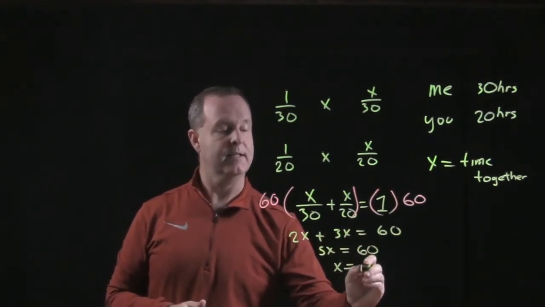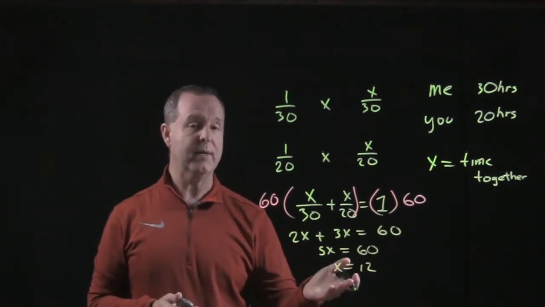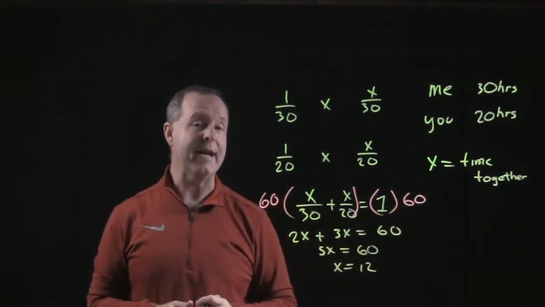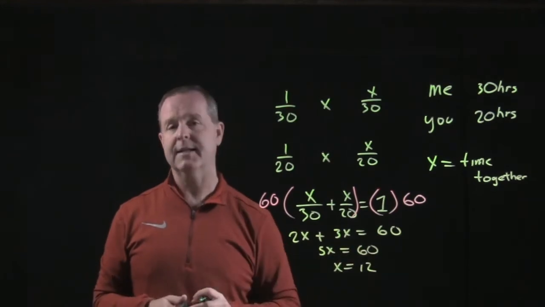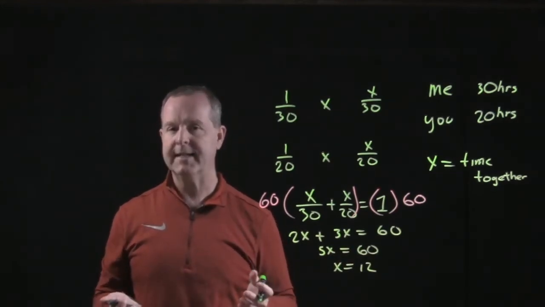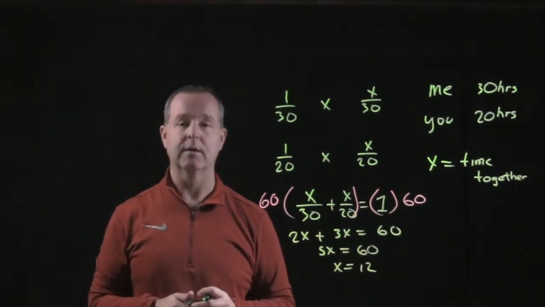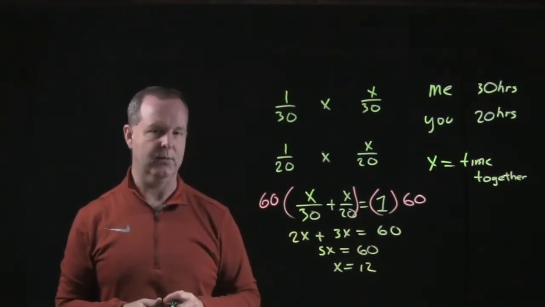X, in this case, equals 12. The question we asked to begin with: how long will it take for us to work together? It's going to take us 12 hours working together to complete that particular assignment, which in this case was developing a website.